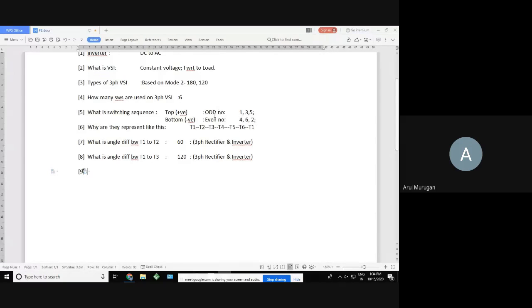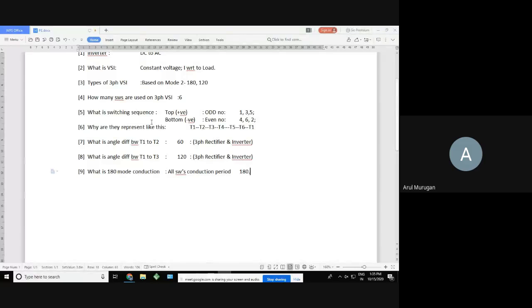Then the next one: the 180-degree mode. What is 180-degree mode conduction? It means that the conduction period of all switches is 180 degrees, for switch number 1 through switch number 6.